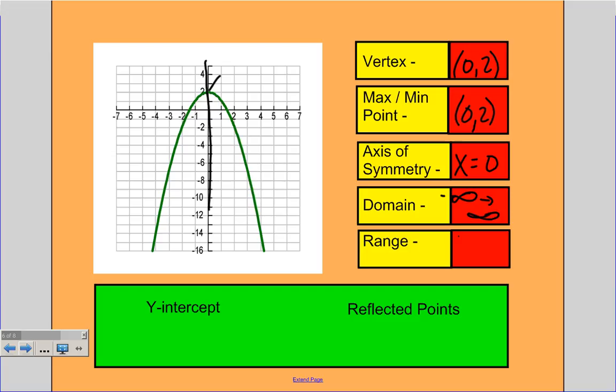We have a range that is y is less than this point. Since we have a maximum point, y is less than or equal to 2. Our y-intercept, again, is also 0, 2. And you can see points that are reflected here and here, here and here, and so forth.